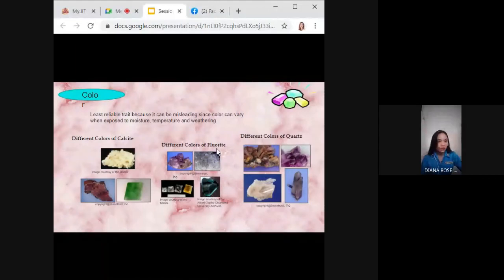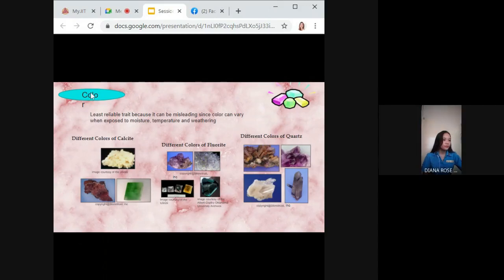Fluorite can be clear white, or it can be yellow or blue or green. So in identifying minerals, it is better to use other properties like hardness, cleavage, and luster rather than color.